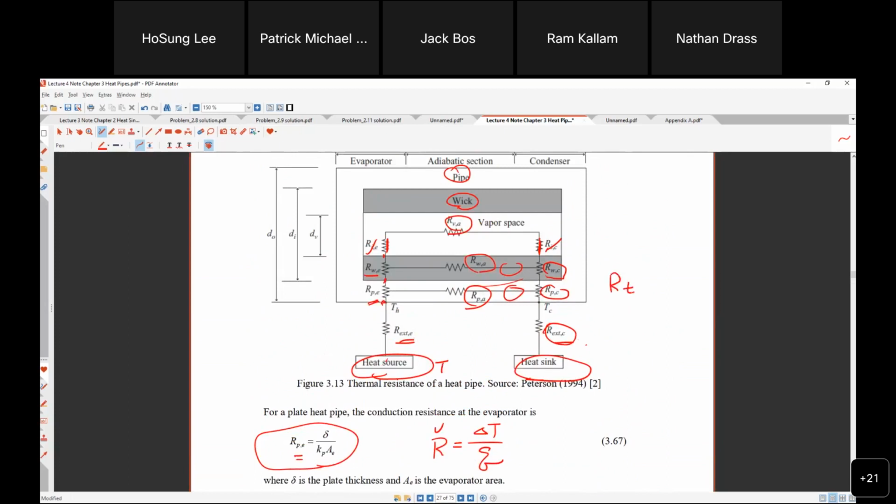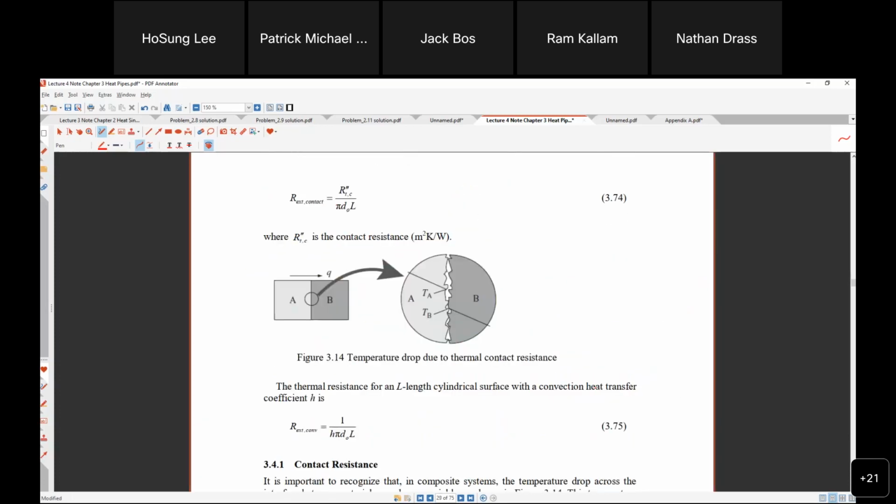So total means temperature difference, these two: this is high, this is low, T high minus T cold, somewhere in the source, divided by Q. So once you know that, you can calculate the heat transfer or temperature difference. So it's so important, the total thermal resistance. Okay.